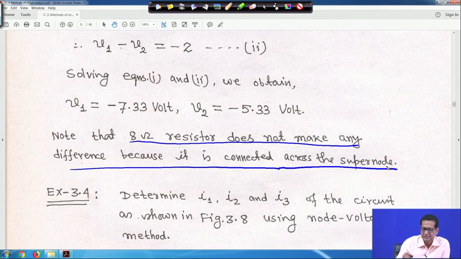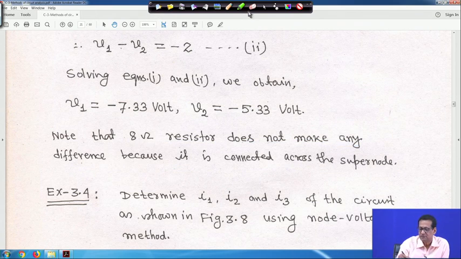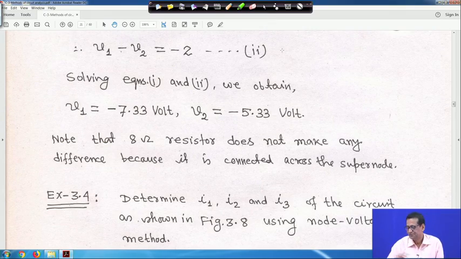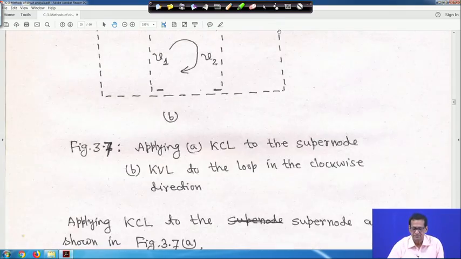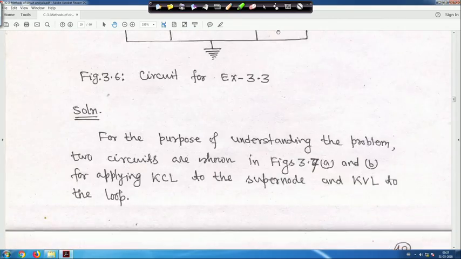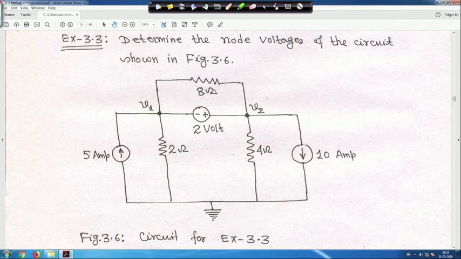This is interesting, let us go back to the circuit. The 8 ohm resistor is connected across the super node, because this is actually your super node, right.